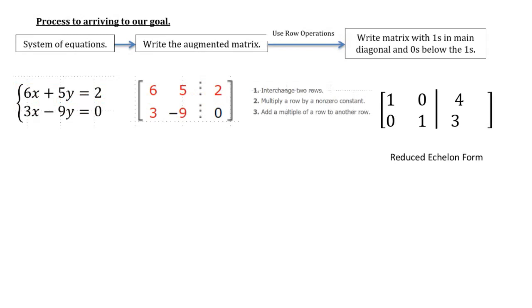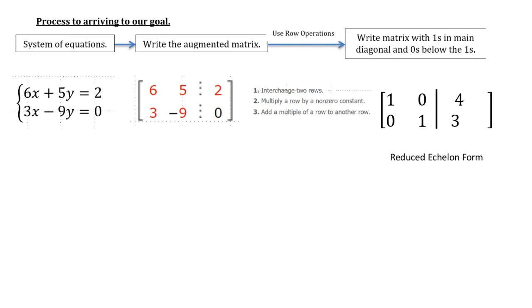So the best way to see this is with an example. The first thing that you're going to see on your homework is they're going to give you a linear system. And the first thing is, let's convert this linear system into its augmented matrix form. Okay. So again, we have 2 lines, so we're going to have 2 rows in our matrix.